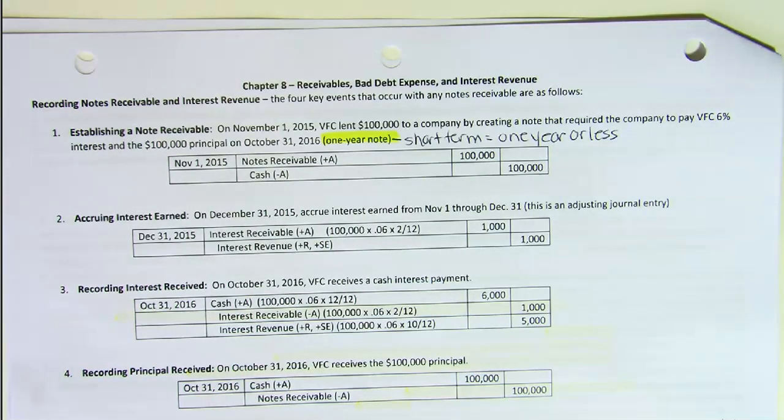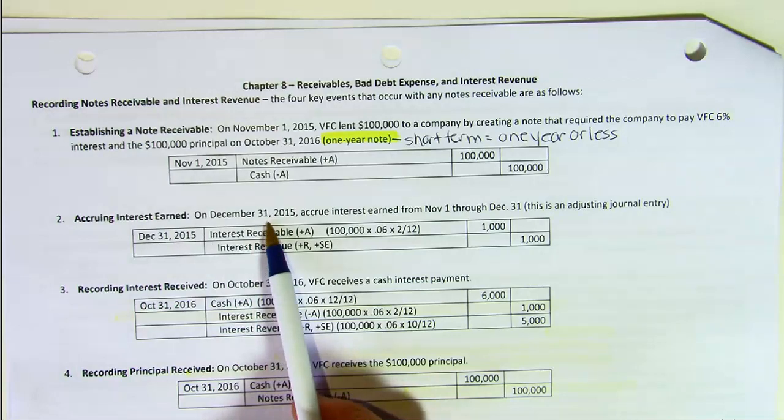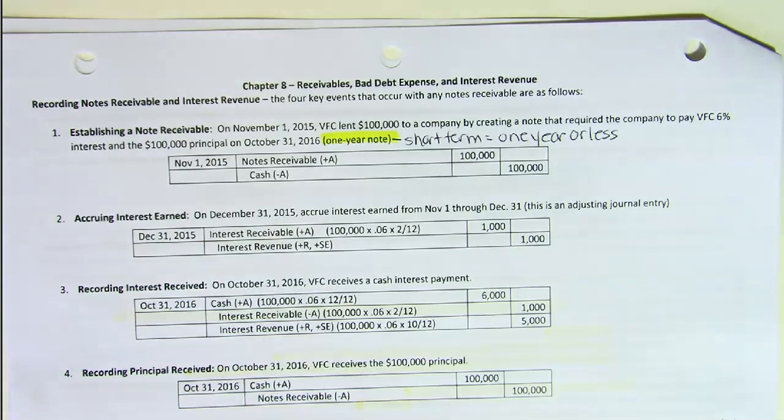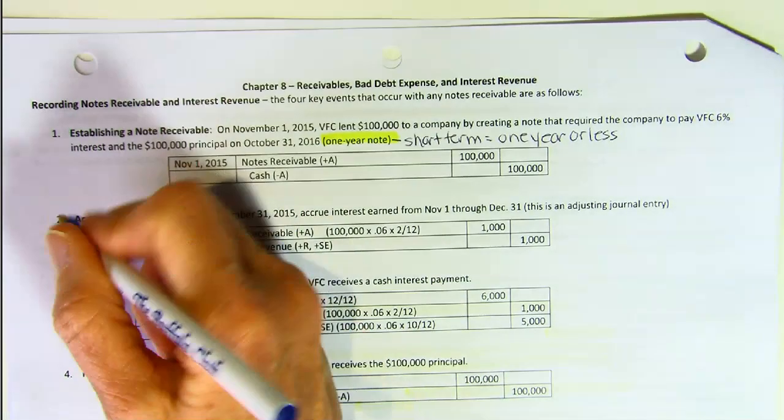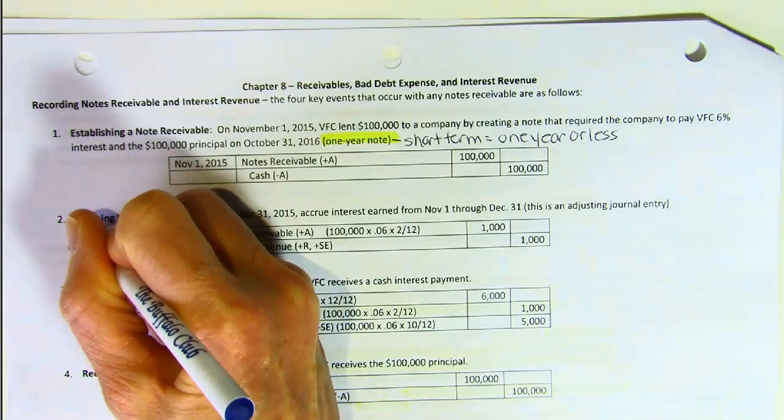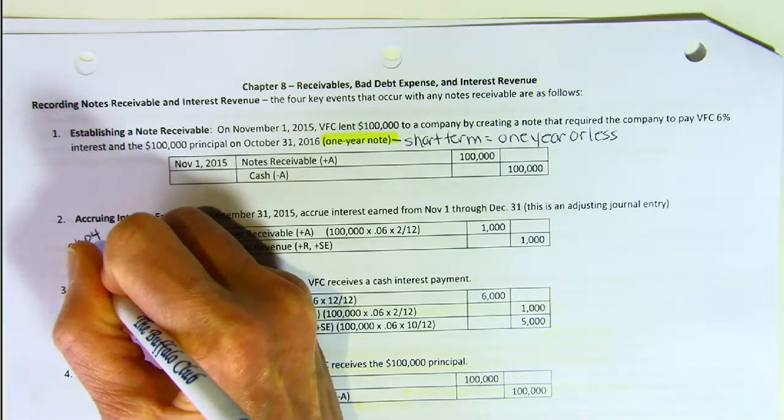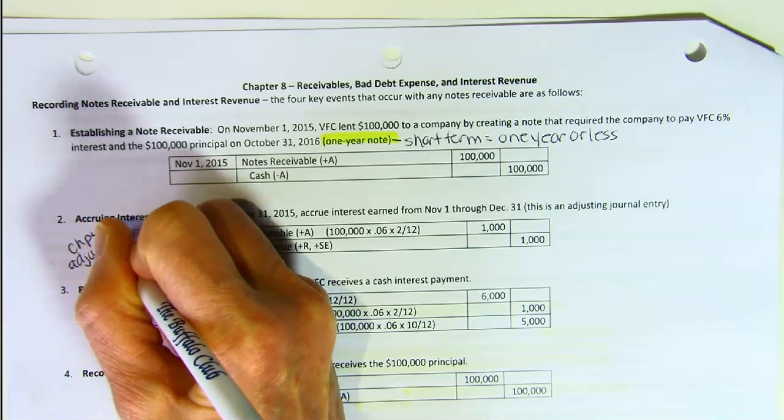Now, if on December 31st your year ends, or it comes time to do a set of financial statements, we need to accrue interest earned. This is your Chapter 4 adjusting journal entry. You actually have learned this entry already.